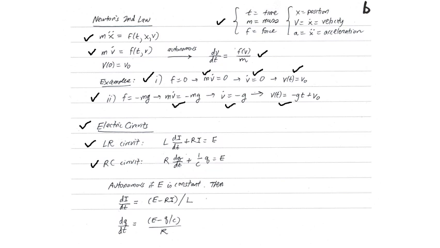In any case, for these problems, for these first order differential equations, they both are going to end up being autonomous if your EMF E turns out to be a constant. And when that happens, the first one, we can think of it that way. The second one, we can think of it that way.